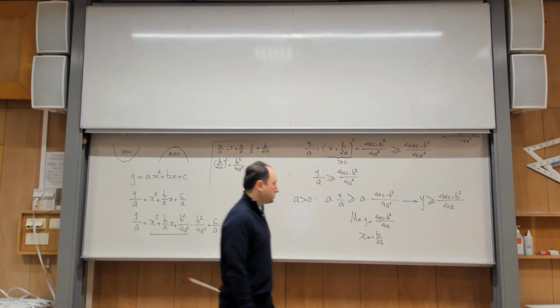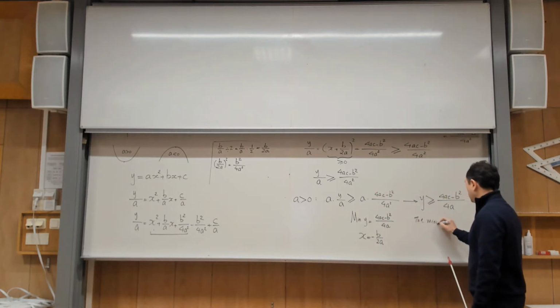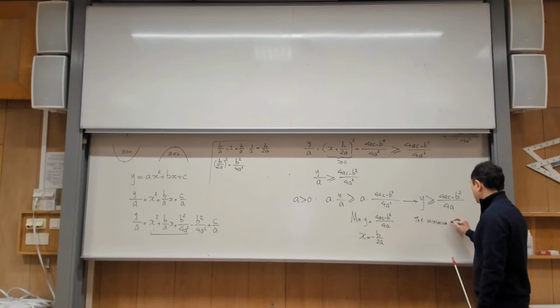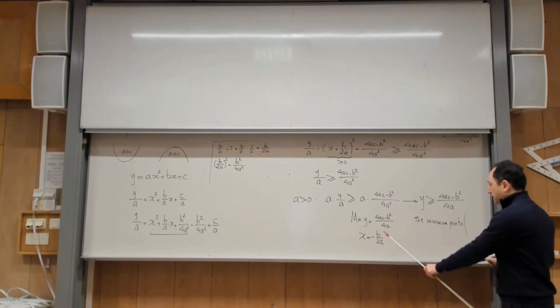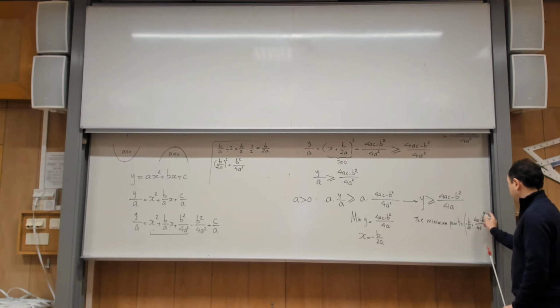Yes? So this means that the minimum point is equal to these numbers: minus b over 2a and 4ac minus b squared over 4a.